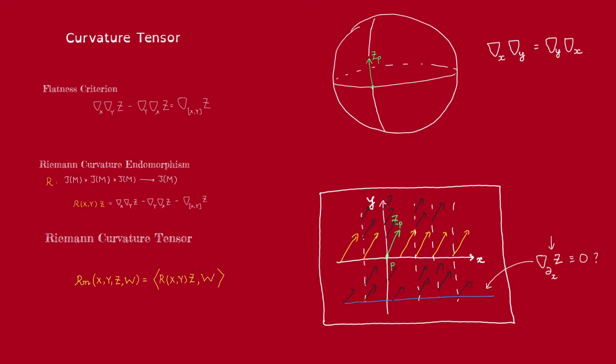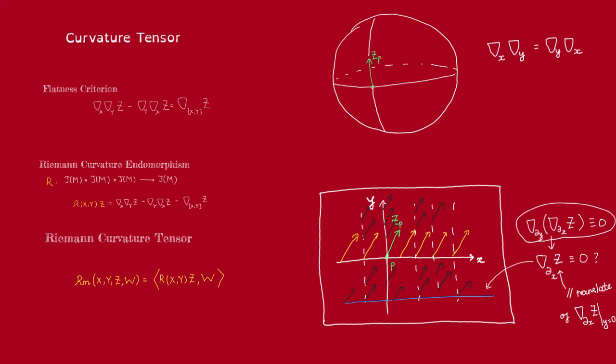Now for that, it suffices to check that the connection in the direction of y of this derivative is 0. Why is that? Because this equation just means that this vector field is the parallel translate of this vector field at y equals 0.